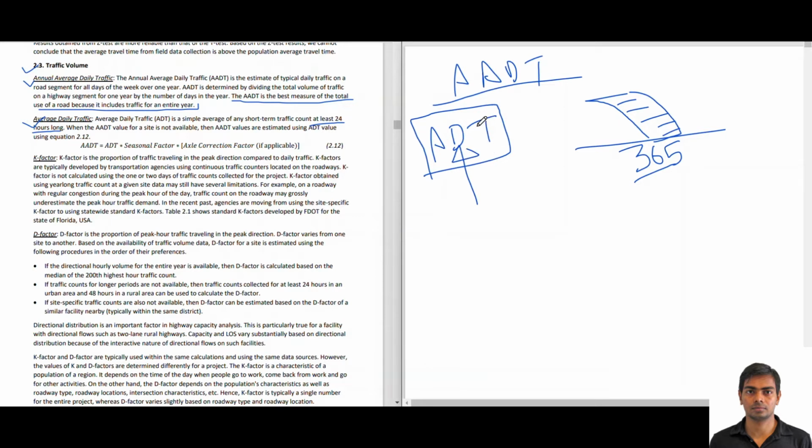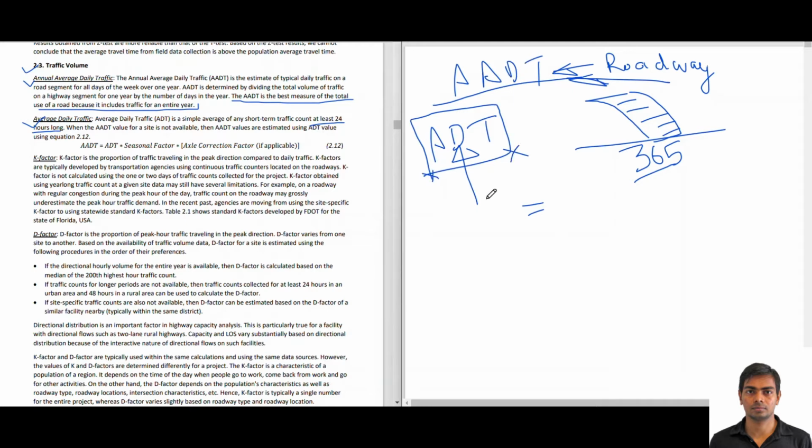When we calculate ADT and want to use it in several calculations, for example, AADT is mostly used in roadway design. As a traffic engineer, we are supposed to provide this information to the roadway team, or sometimes bridge design and structural design. Sometimes when we collect data in the field, we only know ADT.